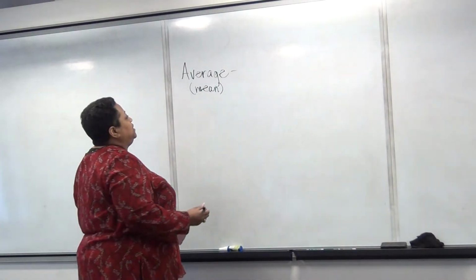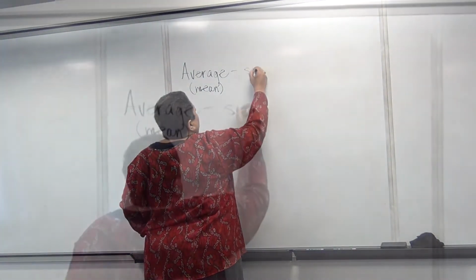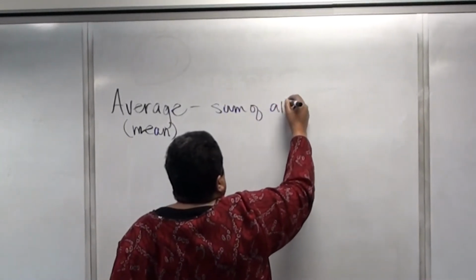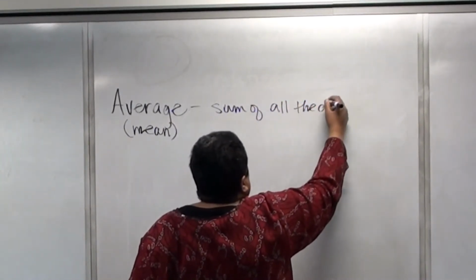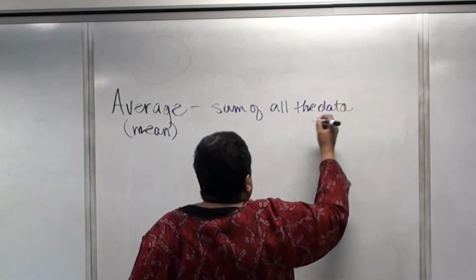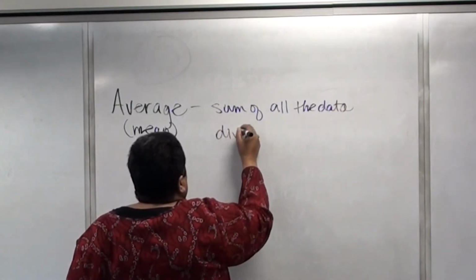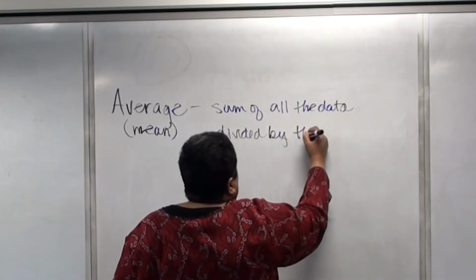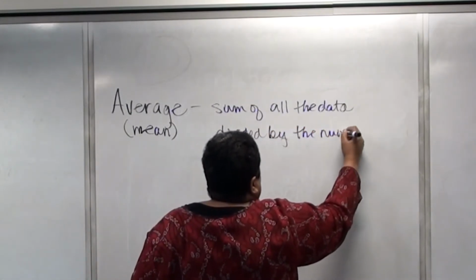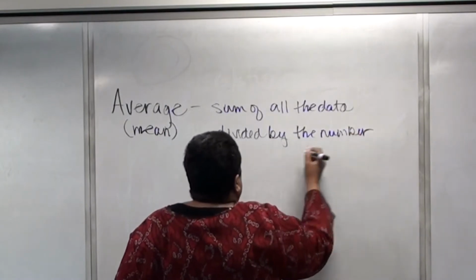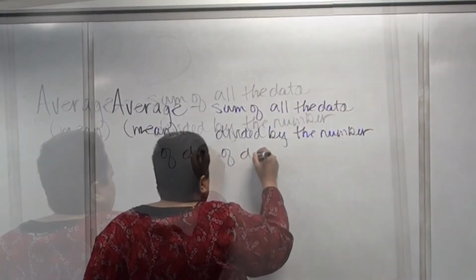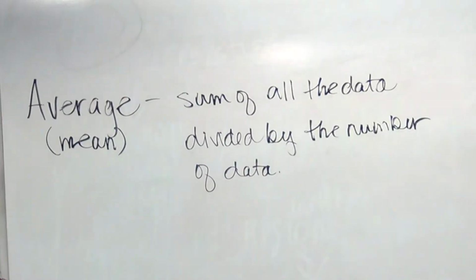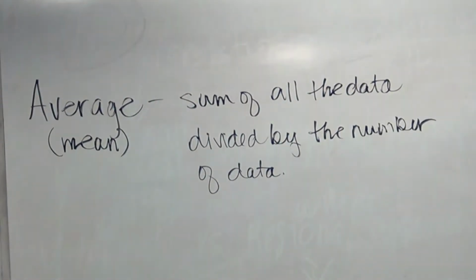And what it is, it's the sum of all the data divided by the number of data. All right? The sum of the data divided by the number of data.